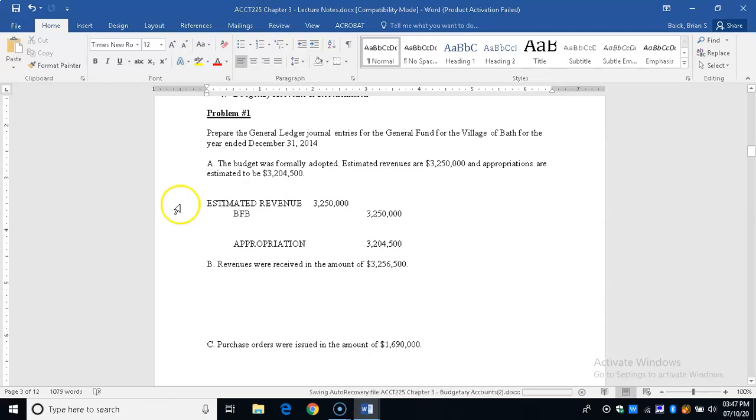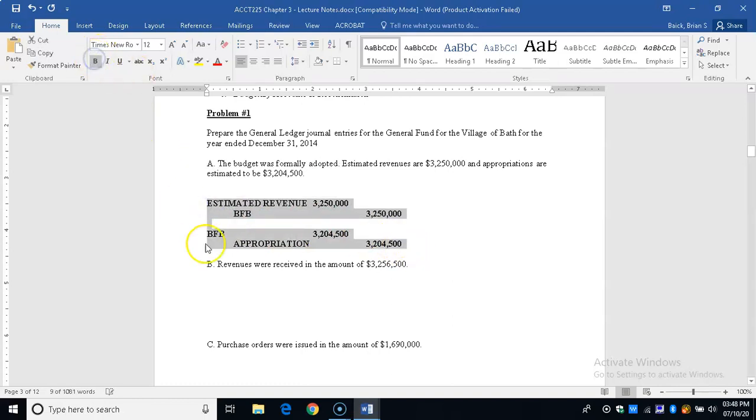And if you think you're going to spend that much money, it's basically making your budgetary fund balance smaller, $3,204,500. Okay, so these are the journal entries that you would make. These are budgetary journal entries.